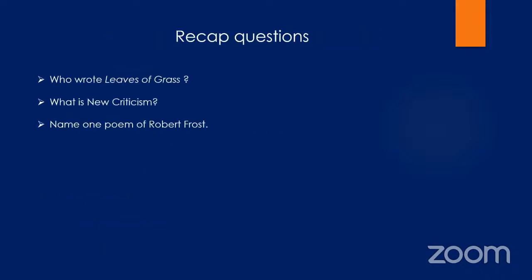Yes. Okay. Very quickly, recap questions then. Who wrote Leaves of Grass? Anybody? Leaves of Grass was written by Walt Whitman. Anyway, what is new criticism? We have discussed it at length. We all know what new criticism is. If you want more details, please look at your literary criticism textbook or course book.